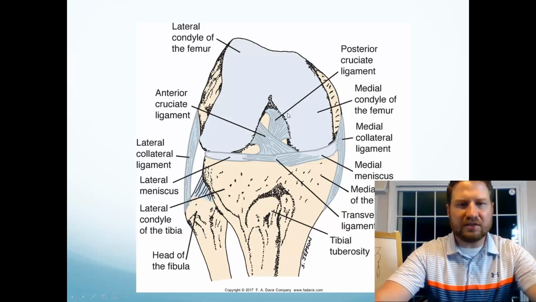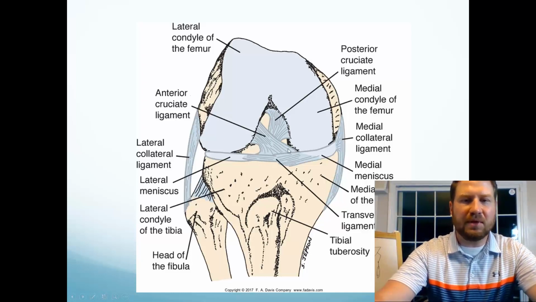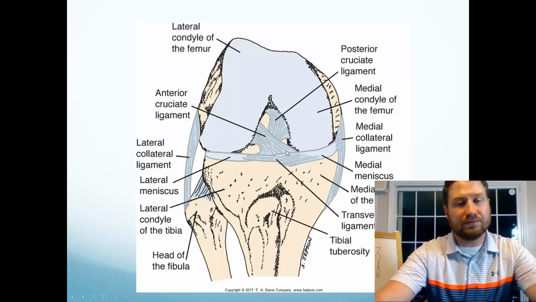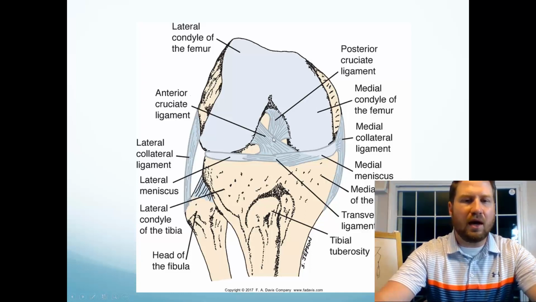Your anterior and posterior cruciate ligaments are so named for where they attach on the tibial plateau. Your anterior cruciate ligament inserts onto the anterior tibial plateau, and your posterior cruciate ligament attaches on the posterior side of the tibial plateau.